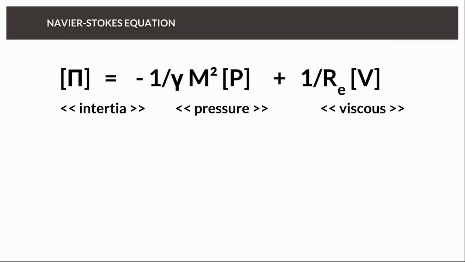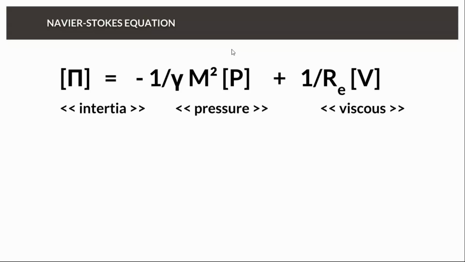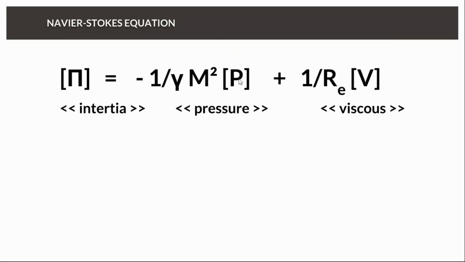That for the air can be translated in inertia effects, the terms on the left-hand side in this formula. We saw the air properties are mainly pressure and viscosity that will create forces. We can neglect all volumetric forces like gravity. So it will be the pressure acting and the viscosity acting.